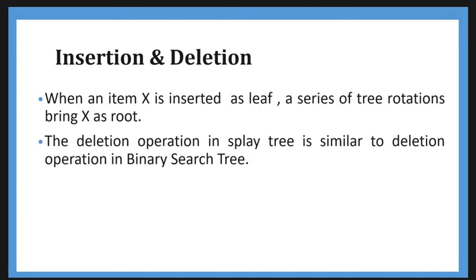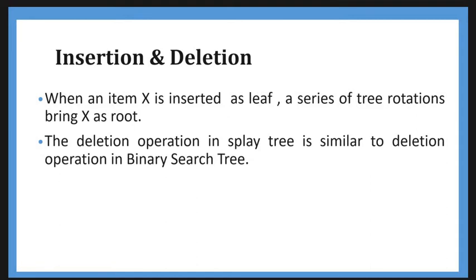What are those three cases? The first case is that you are trying to delete an atom that has no child, meaning that it is a leaf node. The second case is you are trying to delete a node which has only one child. And the third case is you are trying to delete a node which has two children.